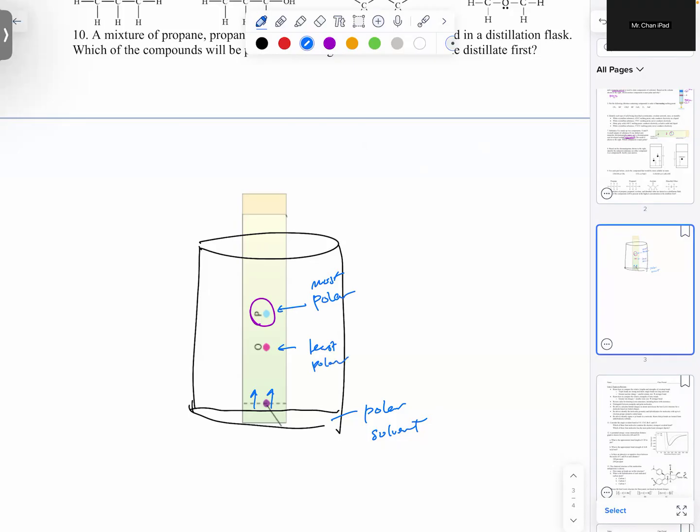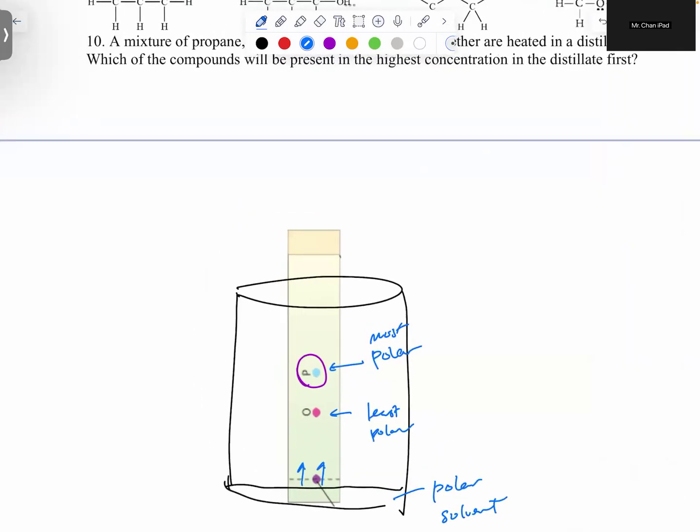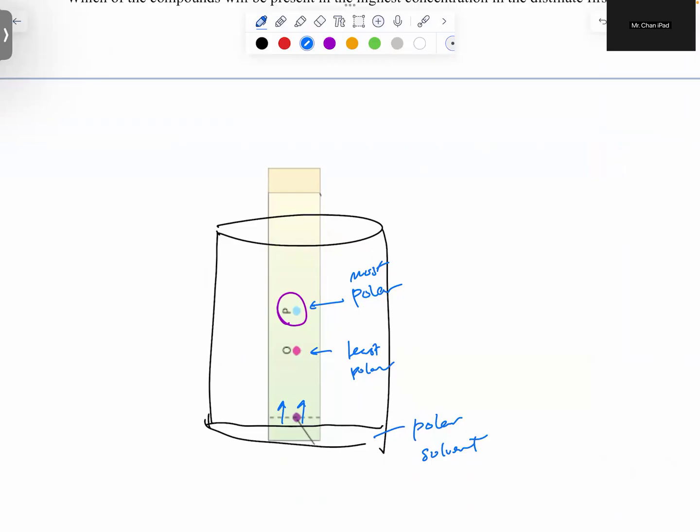Okay, so don't let the horizontal placement of the paper chromatogram confuse you. The paper is by default nonpolar. The main thing is what kind of solvent you use. It's all about the solvent.